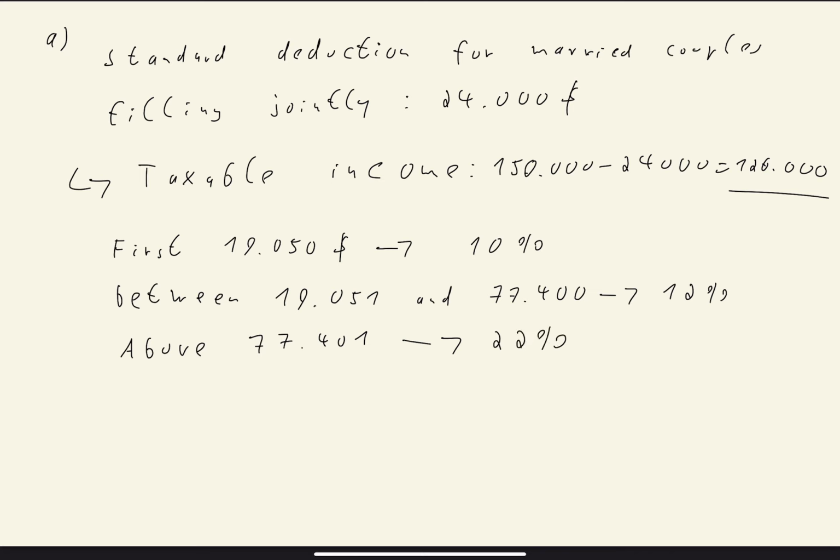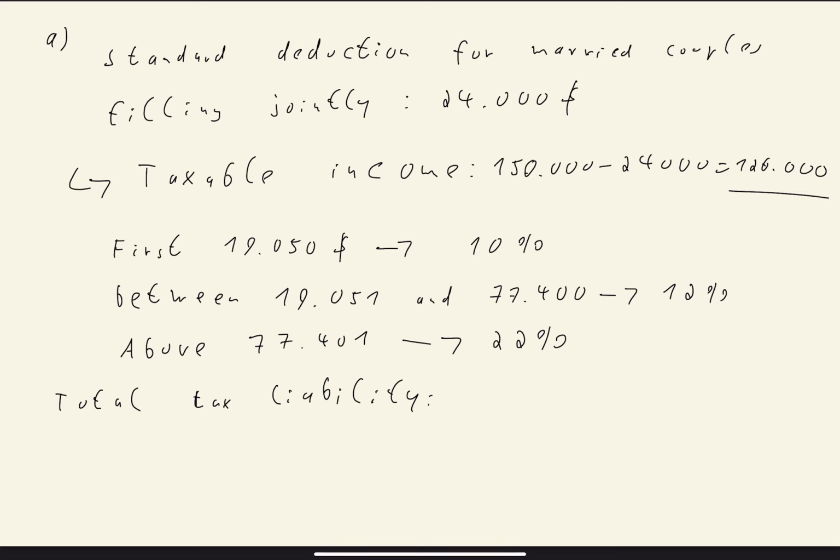Therefore, the total tax liability is given by the following. We have 0.1 times 19,000. Let me rewrite this such that you can distinguish between the dots and multiplication, so I'll put a comma in between the numbers.